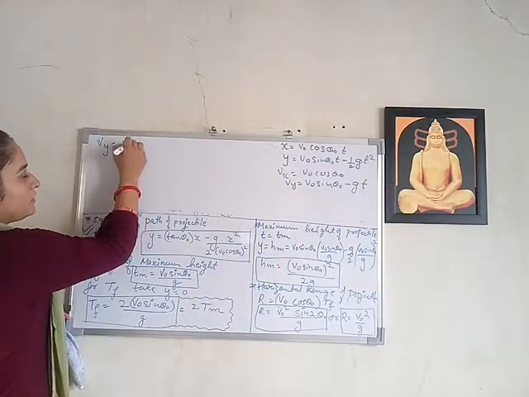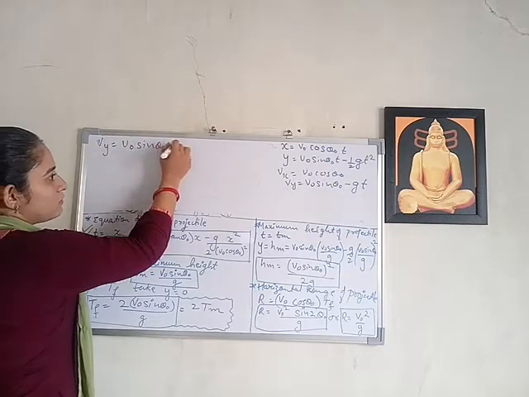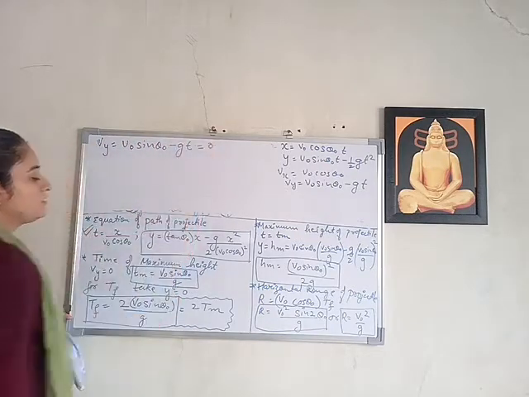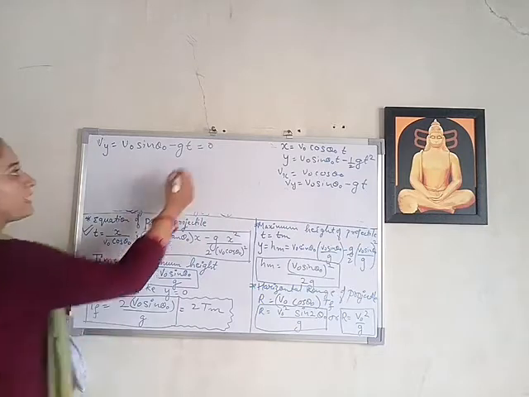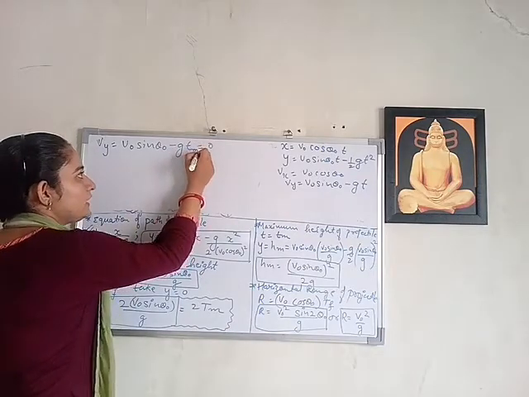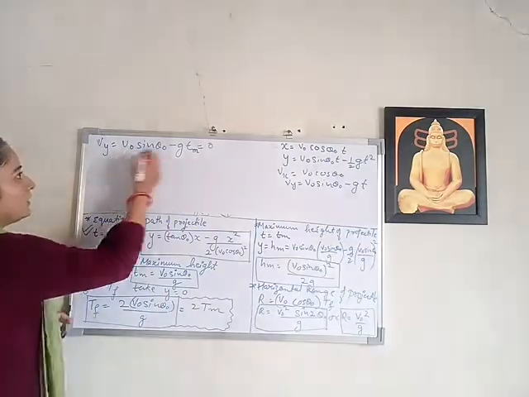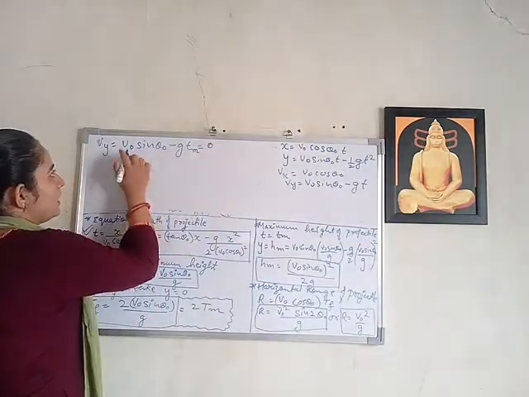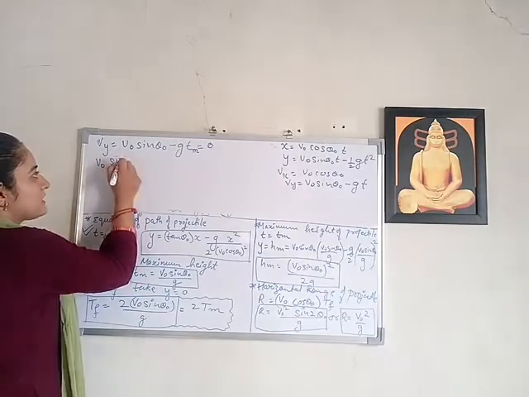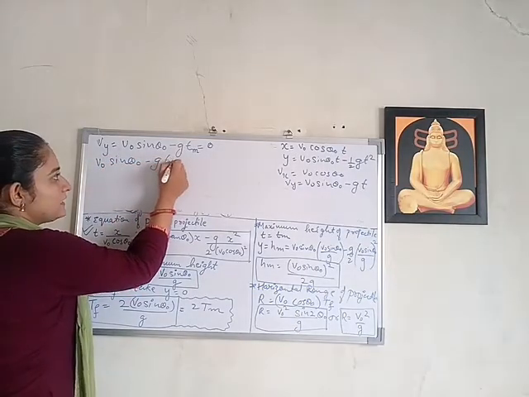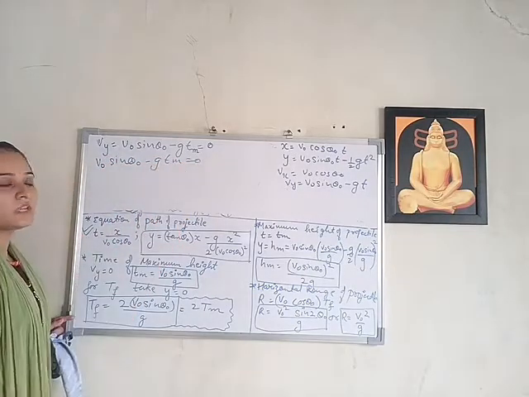Vy equal to V0 sin theta 0 minus Gt equal to 0, and it is the maximum time. So t will be equal to tm, tm meaning maximum time. So we will consider V0 sin theta 0 minus G tm equal to 0.